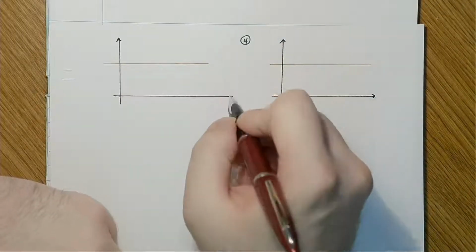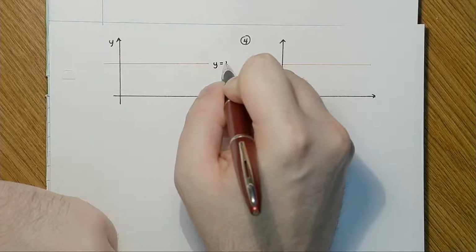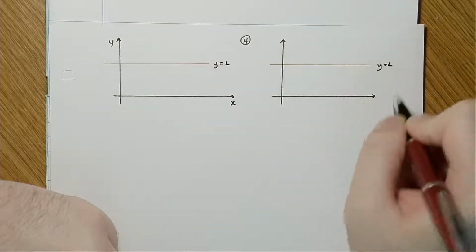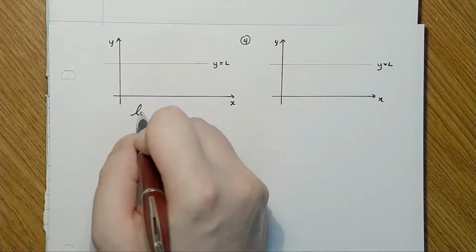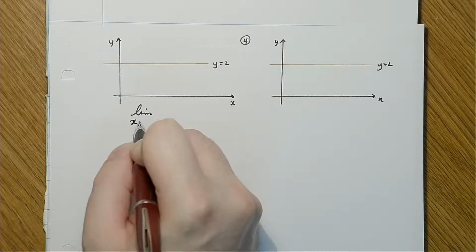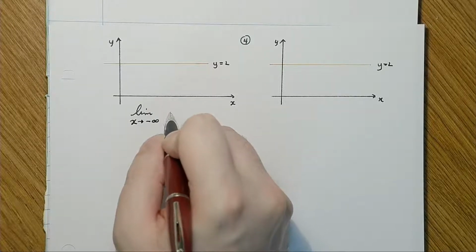So again, there's my y equals L here, y equals L. In this case, we'll again look at an asymptote as it's going to negative infinity.